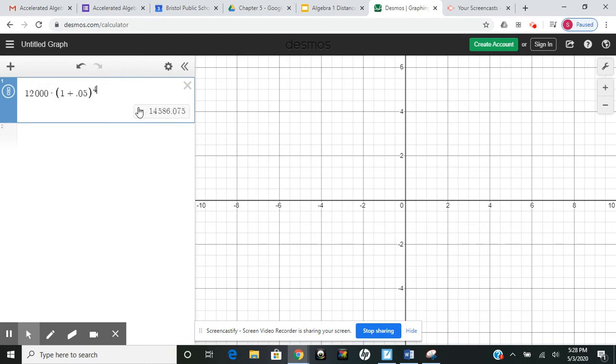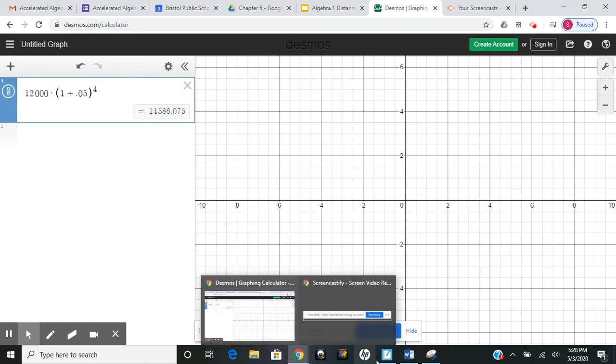We were talking about money here, so we can have 2 decimal places because the painting was measured in dollars. So I've got $14,586, and that will be 8 cents because the 5 will bring the 7 up 1. So 14586.08.